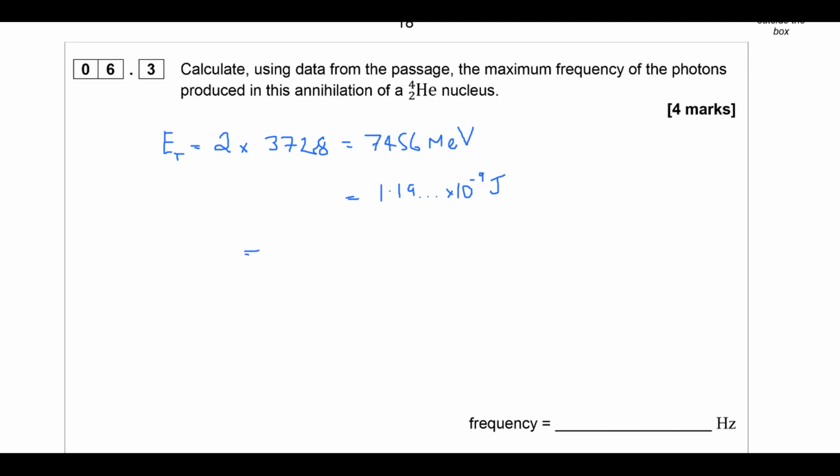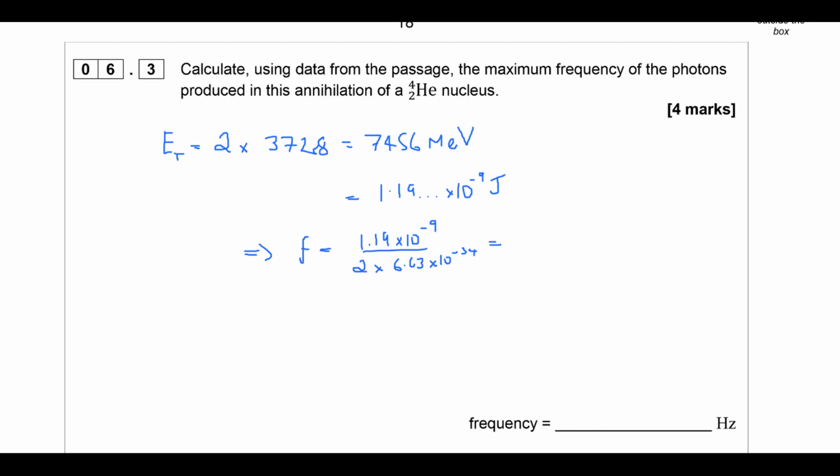So that's going to be equal to the total photon energy. The frequency of 1 photon is going to be the total energy we have available divided by 2, because there's 2 photons, and divided by Planck's constant, 6.63 times 10 to the minus 34.